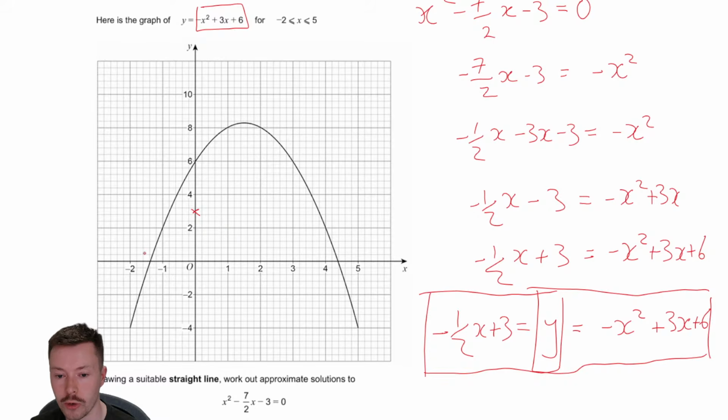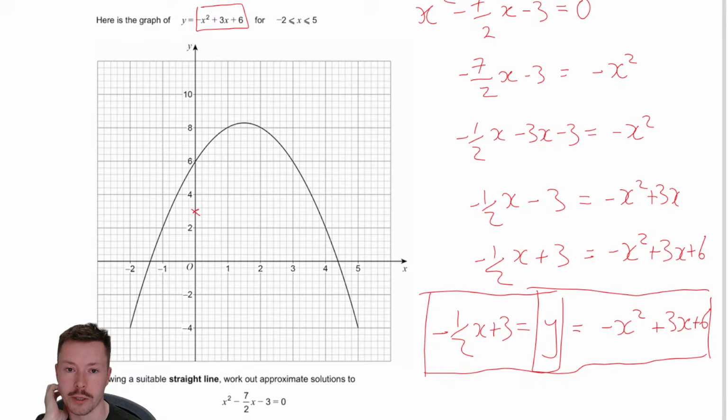So every 1 unit it's going to go down by a half. So if I go along 2, it's going to go down by 1, from 3 to 2. And I could check that: minus 2 times minus a half is 1, add 3. I'm going the wrong way. Because it's minus a half, if I go left, it should go up 1. There we go. Good job I checked it.